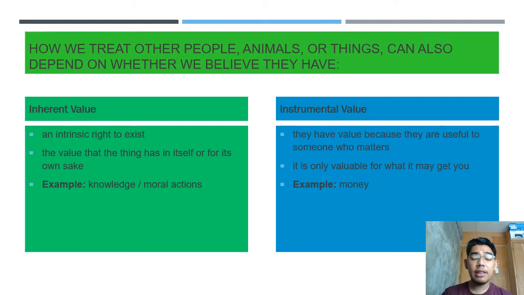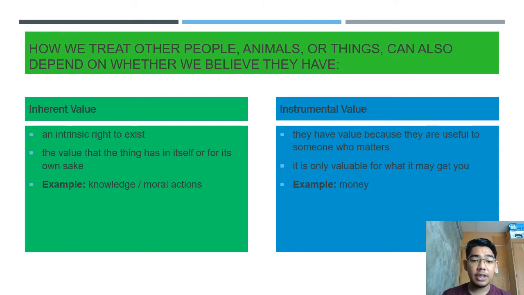While instrumental value means they have value because they are useful to someone who matters, and it is only valuable for what it may get you. With inherent value, you value it for itself. Since it already has value, you value it. With instrumental value, you value it because it may lead you to something else.